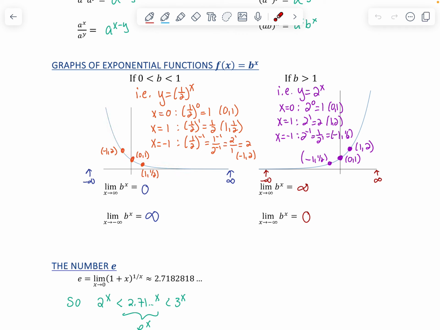But what you want to focus on is it's almost like this L shape, where if you were to take the limit as x goes to infinity, it basically flattens out to an asymptote of 0 on the far right. And because the graph is going to continue to grow and grow forever, the limit on the far left, when x is negative infinity, will be infinity.